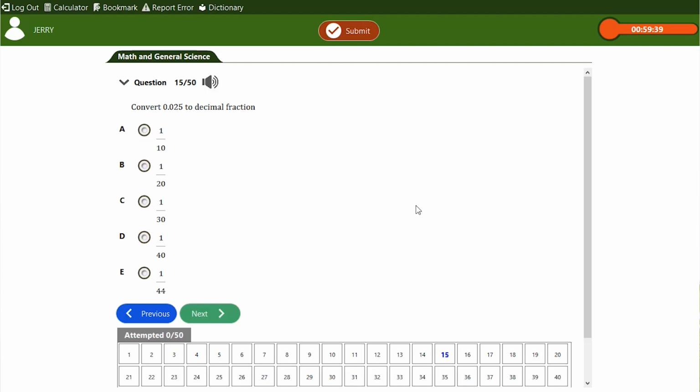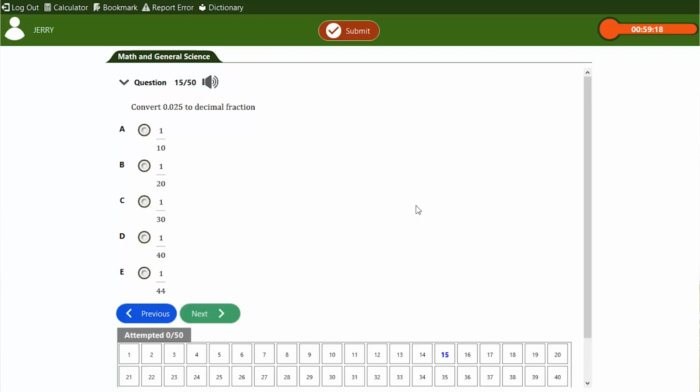Convert 0.025 to decimal fraction. Now I told you earlier on, decimal fraction is any mathematical workable number that can be moved from decimal to fraction, hence the word decimal fraction.